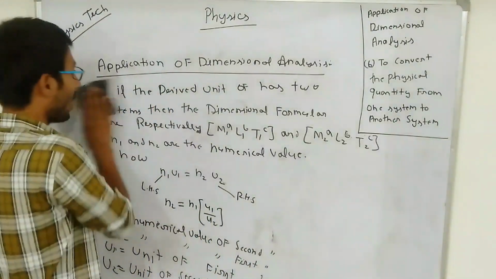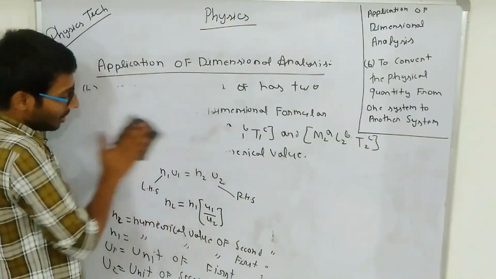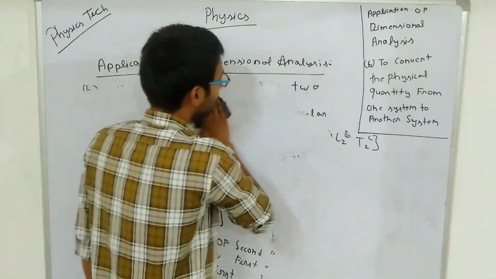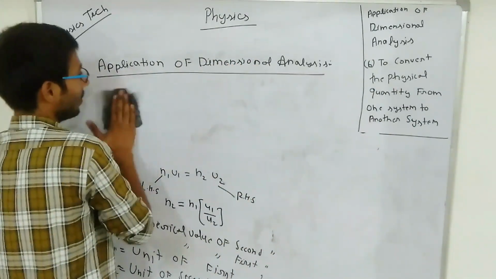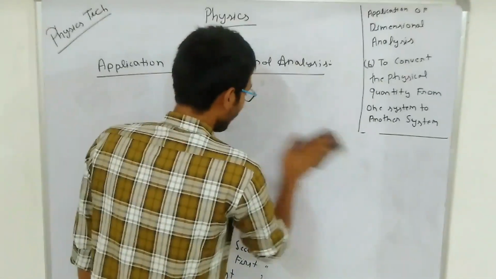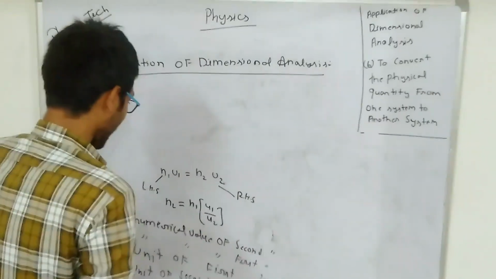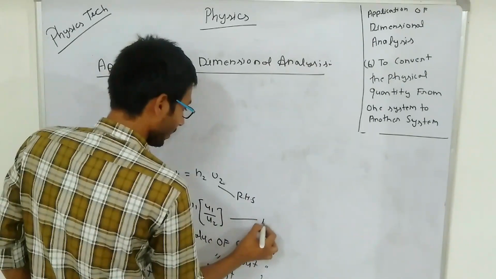Now putting the dimensional units of U1 and U2 separately in this equation, let this be the first equation.